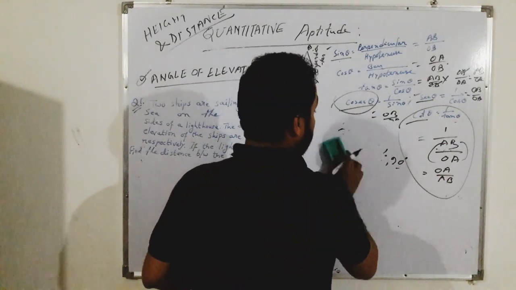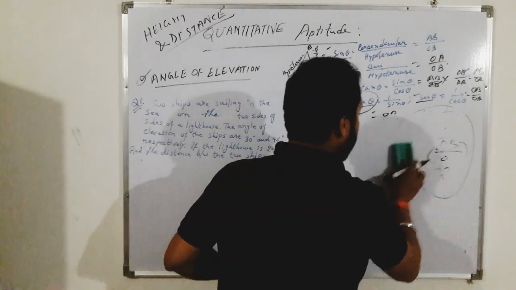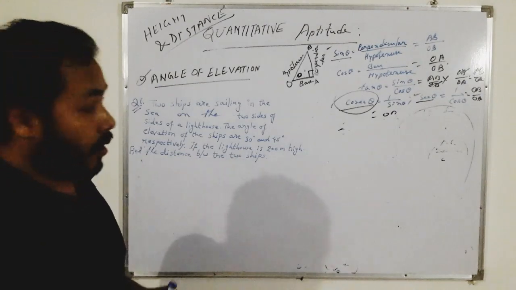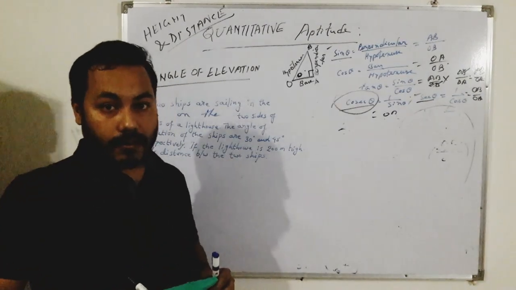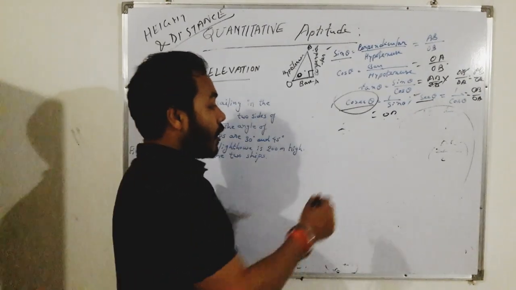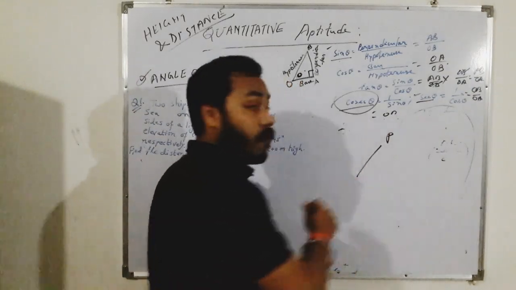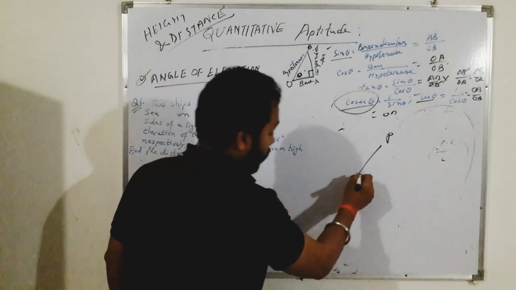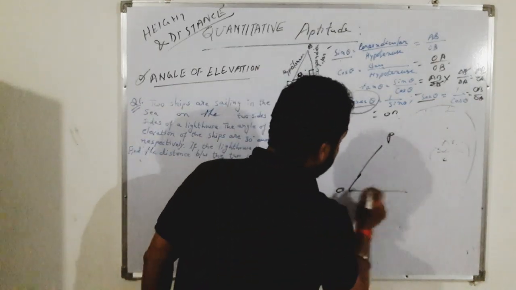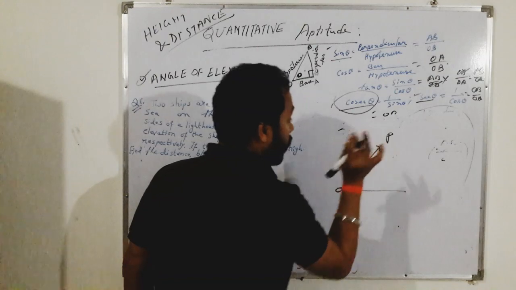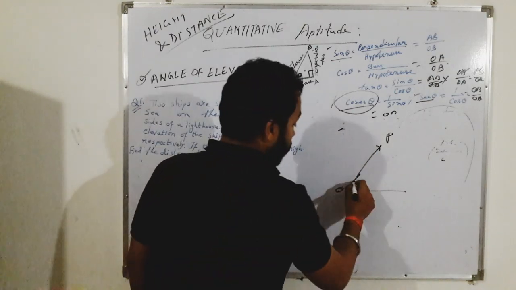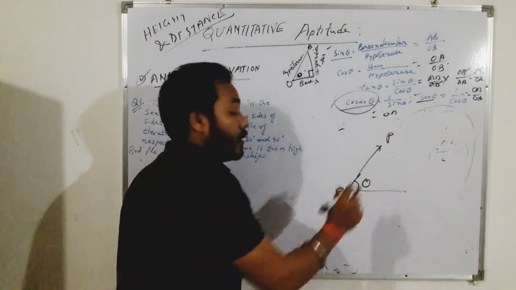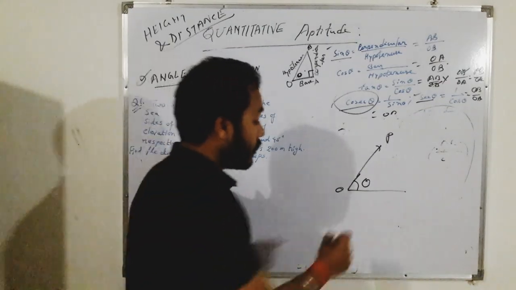So these concepts are now clear to you. Now coming to our today's actual point of discussion, that is angle of elevation. So what is angle of elevation? Sometimes you look at an object that is above you. Say this is you, means your eyes are looking at some particular object P. When you are looking at that P, you are forming an angle with the horizontal.